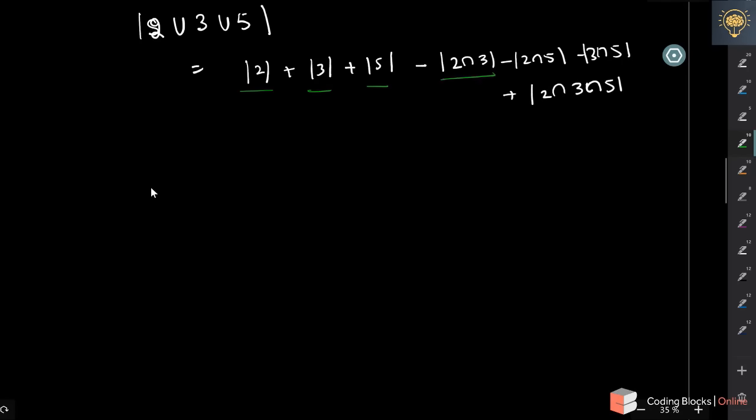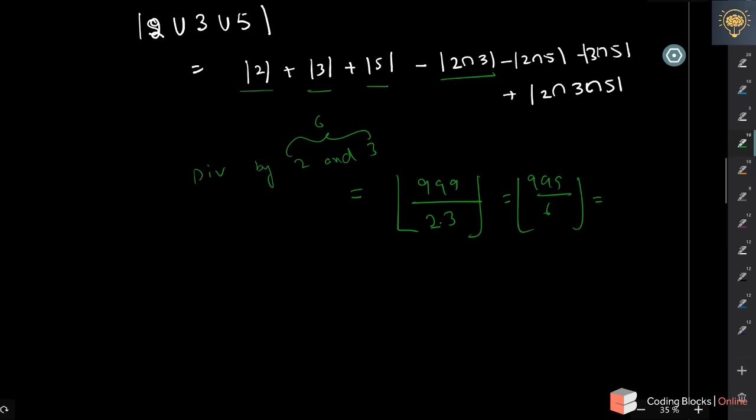The intersection means all those numbers which are divisible by both 2 and 3, so they are the multiples of 6. So 2 into 3, which is 6, and this comes out to be around 166.